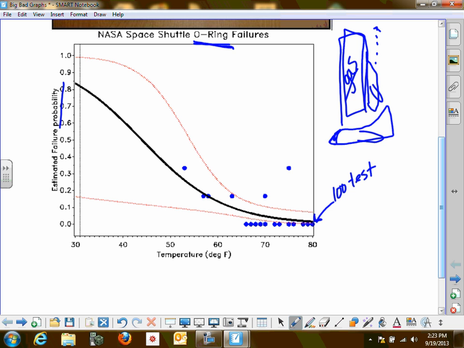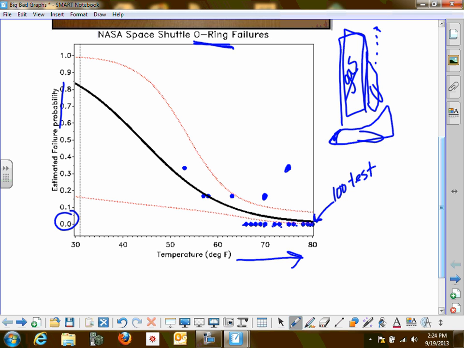So you can see at these warmer temperatures, these things had a 0% probability of failure. Now, here's an outlier here and here. The reason I say they're outliers is because they were mathematically computed, and we'll talk about mathematical computation of outliers later, but anything outside of this red is considered an outlier.